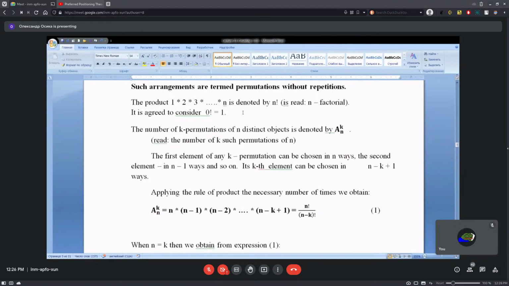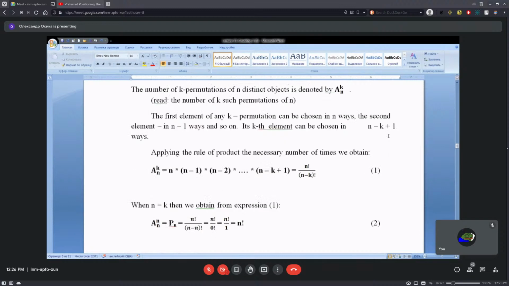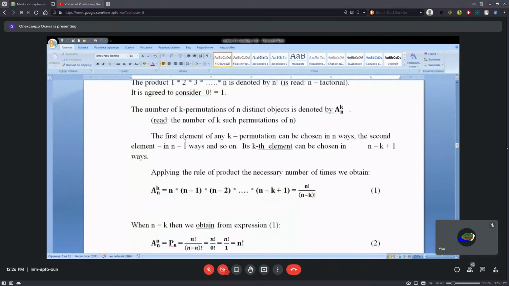The number of k permutations of n distinct objects or elements is denoted by A sub n high k.